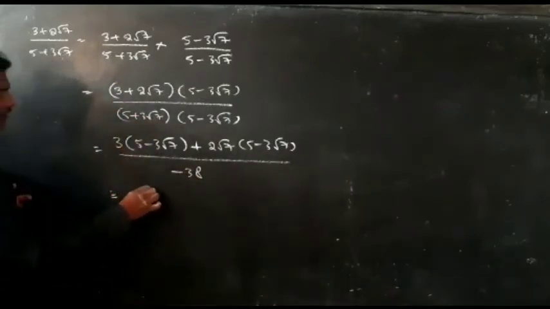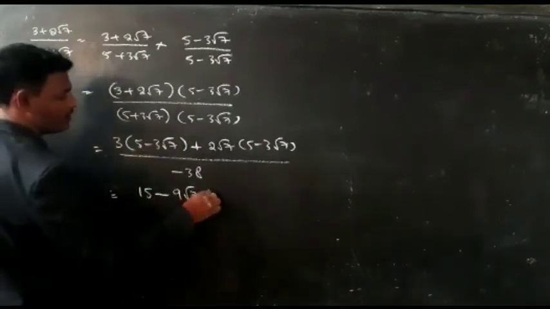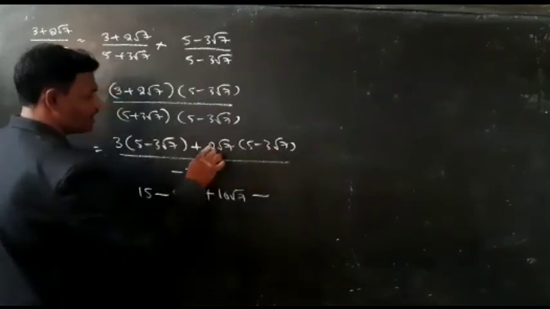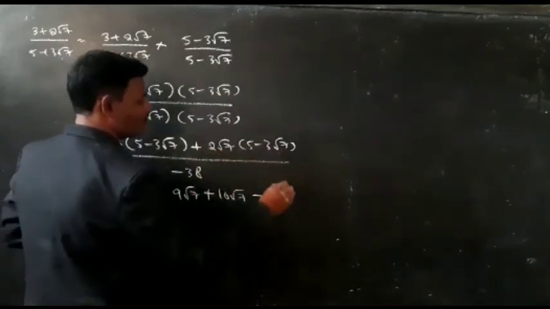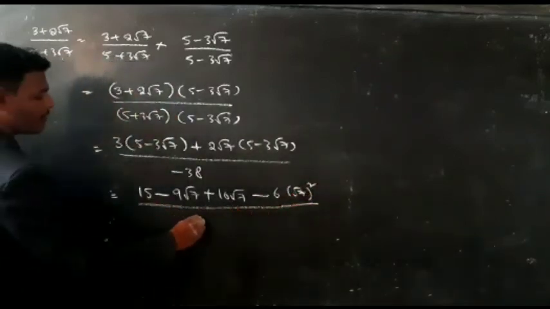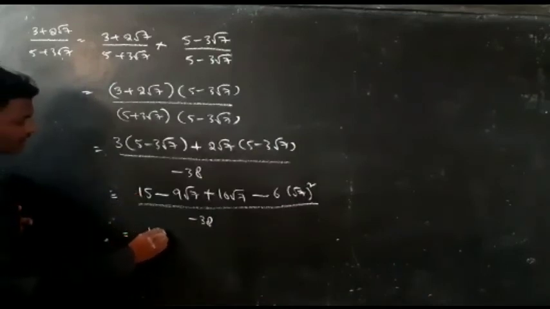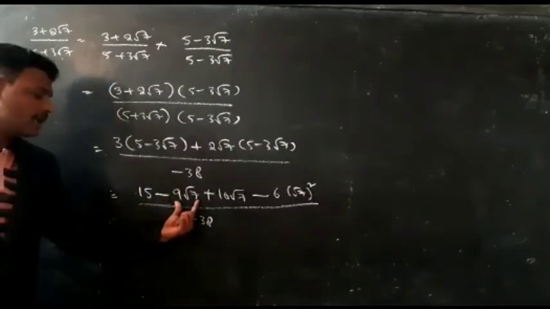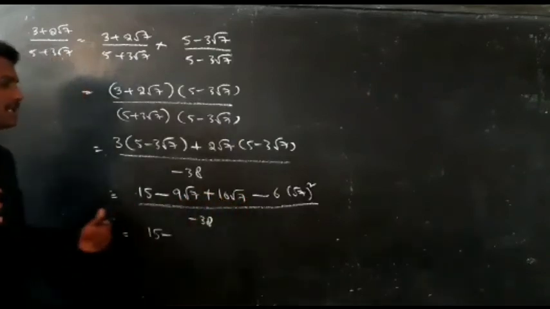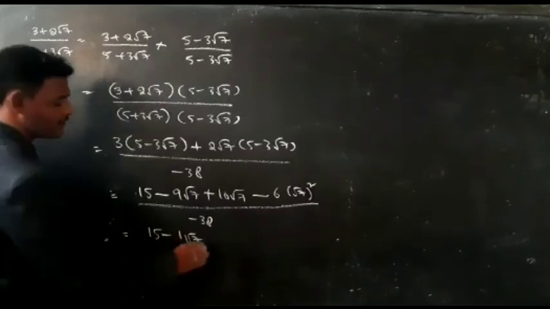3 5s are 15, 3 3s are 9 root 7, plus 2 5s are 10 root 7, minus 3 2s are 6, root 7 into root 7 whole square, by minus 38 is equal to 15. See here, minus 9 root 7 and plus 10 root 7, the two are like terms. By subtracting that, what will you get? Plus 1 root 7.